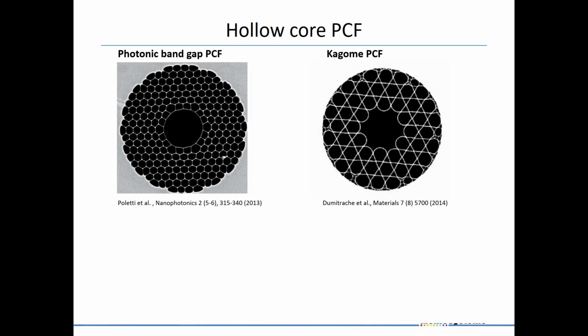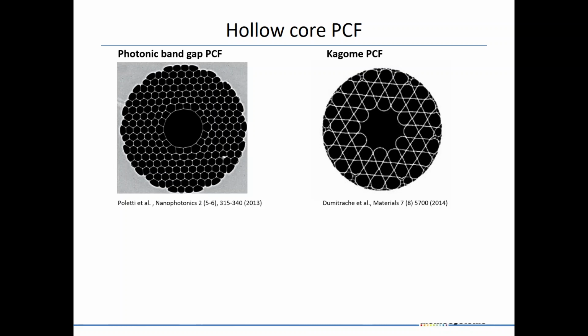Here, the whole structure that surrounds this hollow core acts as a Bragg reflector. It reflects the light and therefore keeps it confined to the core. This allows for a relatively low guiding loss, but only over a narrow spectral range, unfortunately.